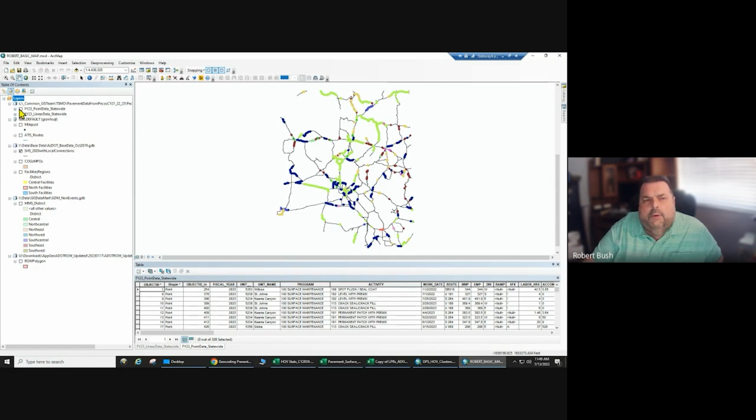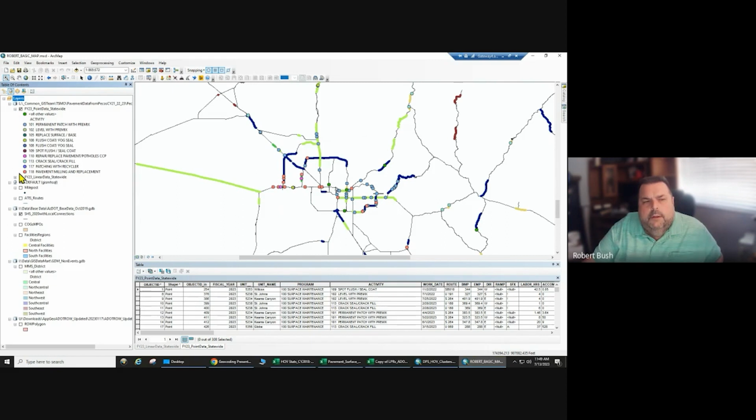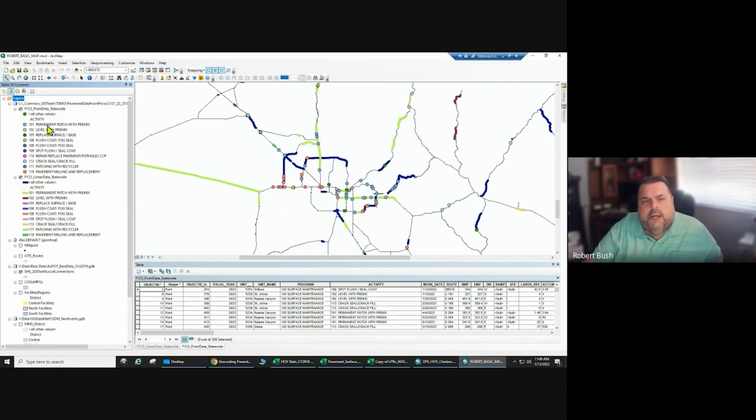When we combine that with point data, meaning it was at a small spot that didn't have any length, it was at one exact location, now we have a whole bunch of dots added to it. And we can zoom in, for instance, to the Metro Phoenix area. And over here on my map, it has an explanation of what the colors are for the dots and what the colors are and the code for each of the linear things.